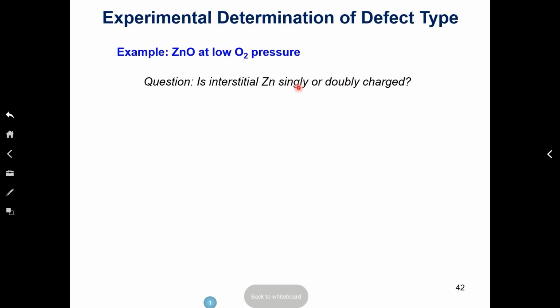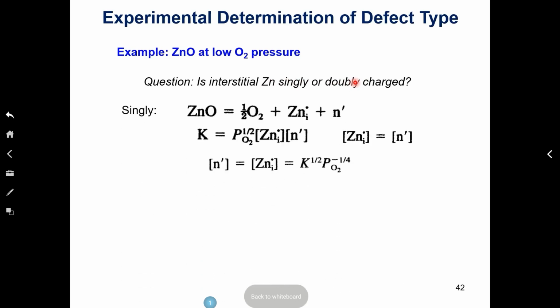Some researchers indicated singly, some said doubly, and there was a controversy. So you can do some thermodynamic calculation. Suppose it's singly ionized. Step number 1, write the equilibrium reaction, predicting singly ionized zinc interstitials compensated by electrons.